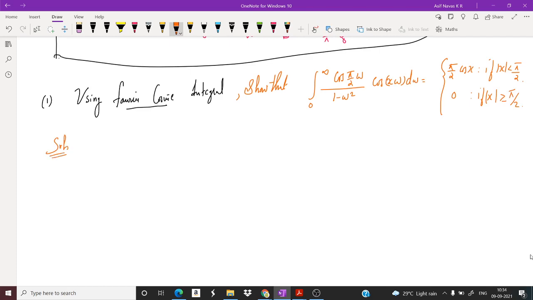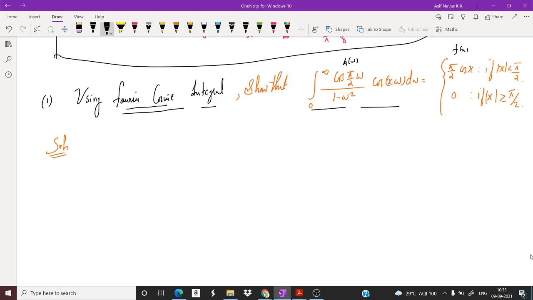Okay. We have to show that by Fourier cosine integral, this is something like a of omega cos omega x d omega is equal to some f of x form.